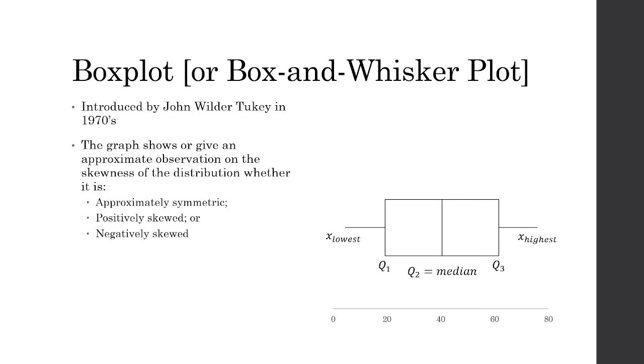Makikita natin yun using this line sa loob ng box natin, wherein if this line moves to the left, that will be positively skewed, and kapag nag-move siya papunta rito sa right, then that will be negatively skewed. So bakit ganon? Kasi it has something to do with the distribution or the concentration of our observations about the median or our second quartile.